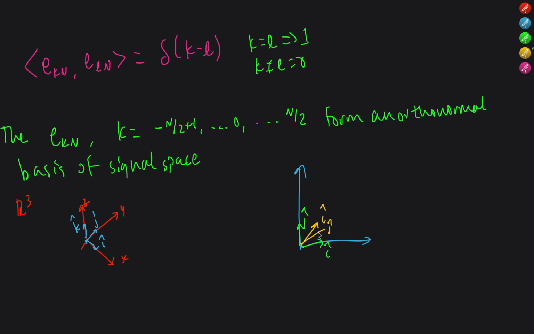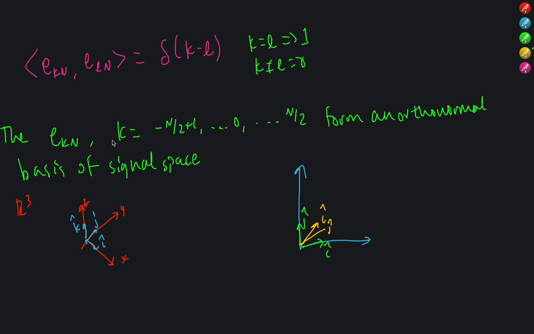And any combination of those two can still make any point in R2, but intuitively we think the green ones are better because they're more unrelated. This i takes all the x into play, and this j takes all the y into play, and they handle the x's and y's on their own. So the idea is that if our basis vectors can be perpendicular to each other, that's the best. That's what we want.